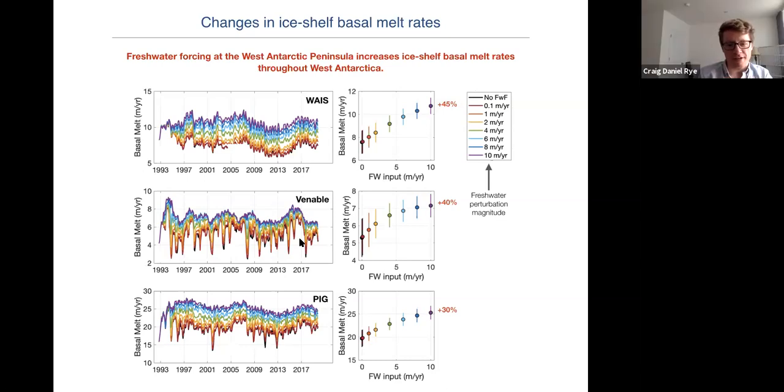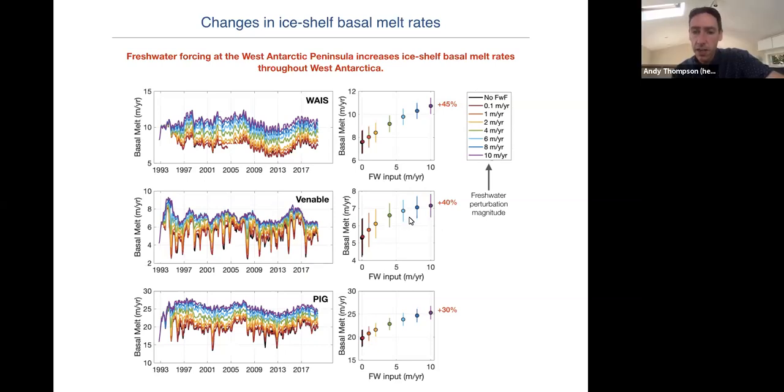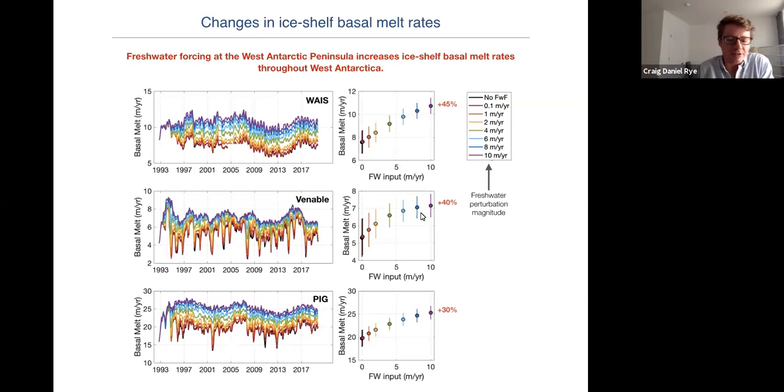Craig: I'm intrigued by the relationship between the basal melt rate and the freshwater input. I noticed that relationship seems to level off as you go to higher forcing. Did you look into or have a sense of why that is the case? Why is the relationship leveling off at higher forcing?